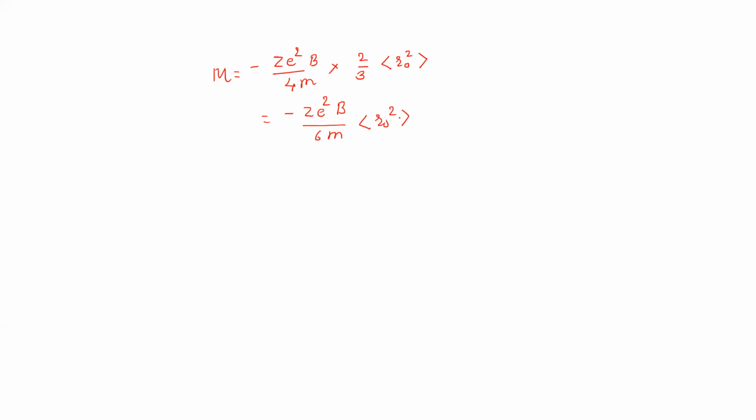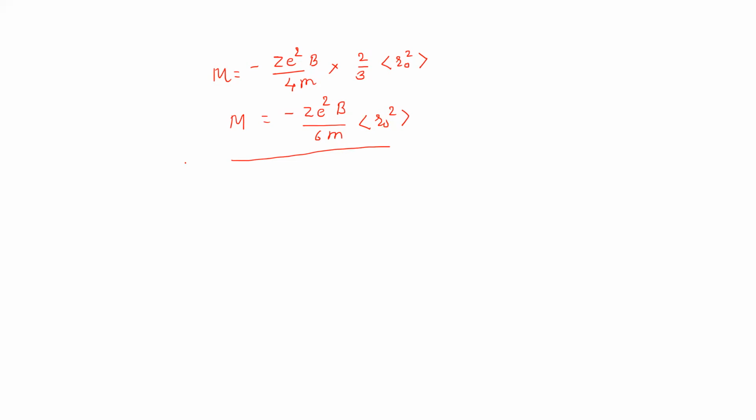So remember this R0 square is the mean square distance of the electron from the nucleus. So this will be the expression for the magnetic moment of this atom of this diamagnetic material. That means it contains Z number of electrons.